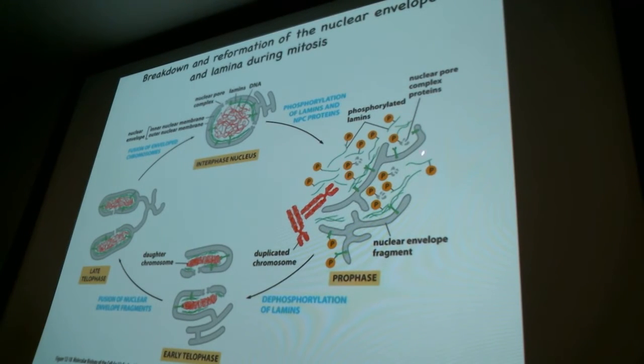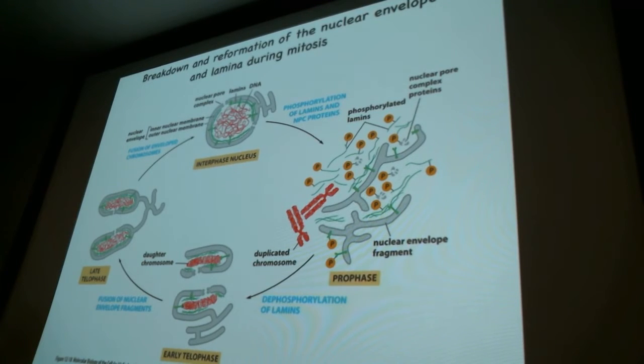With the concerted action of a lot of other proteins, including these import receptors, this breaks apart the membrane. And it is the dephosphorylation that happens as the chromosomes are beginning to decondense and the cell is getting ready to get out of mitosis that then lets the nuclear membrane reassemble.